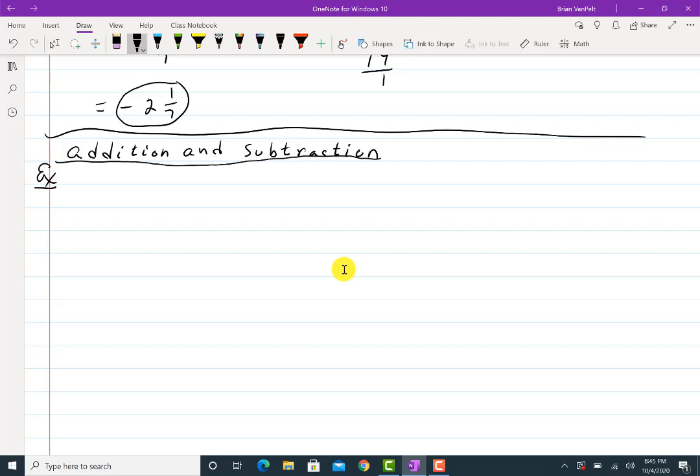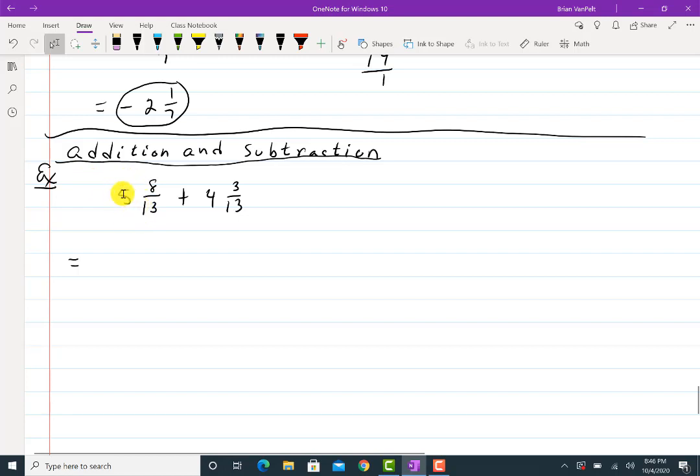So let's start with 5 and 8 over 13 plus 4 and 3 over 13. What I'm going to do is convert them both to fractions. So start with the 5 and 8 thirteenths.